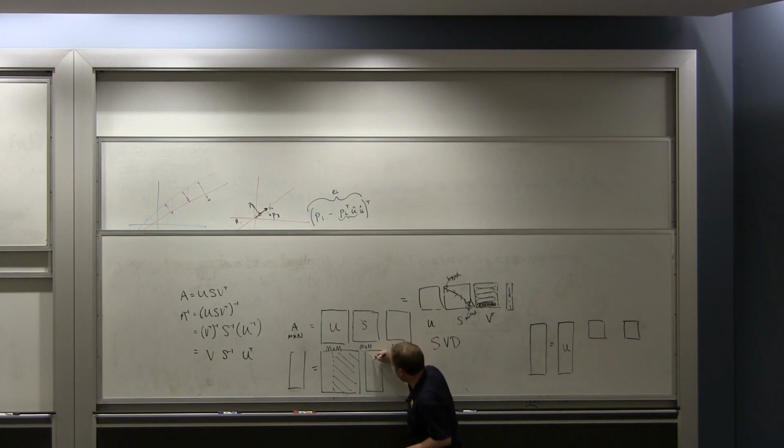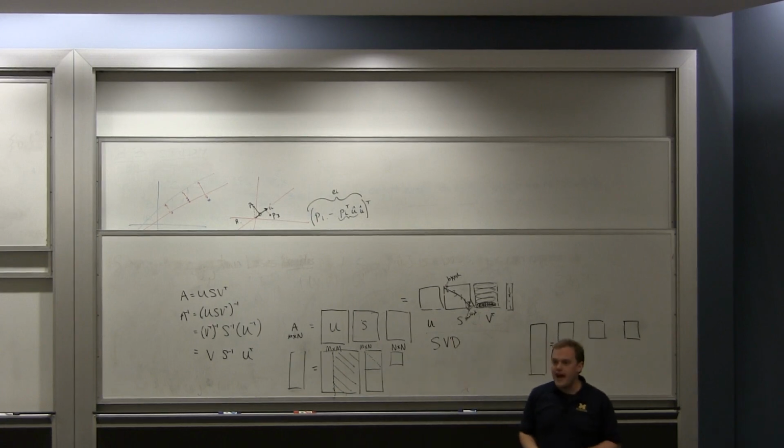Here are the singular values going along the diagonal. But really, they're all 0 after this. There aren't any more. So there's no information here. This has to be a diagonal matrix. This section can't possibly do anything for us. So we're going to crop that off, kill off these columns.